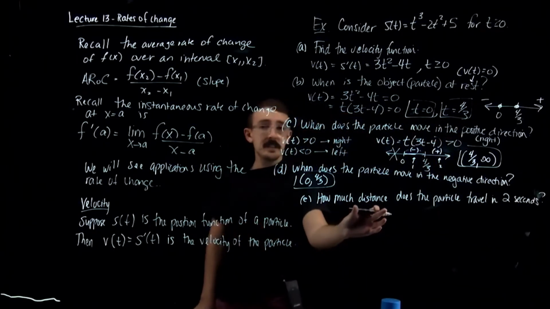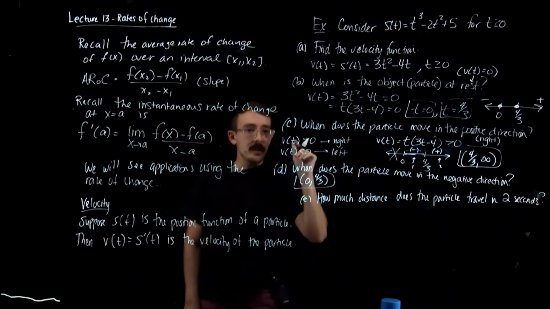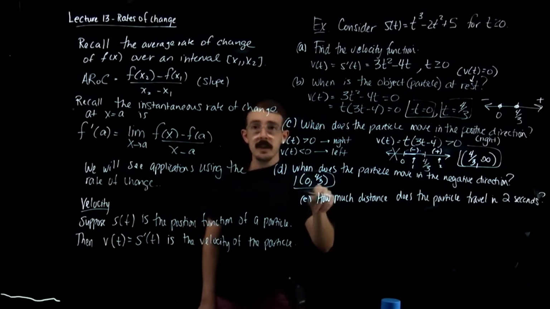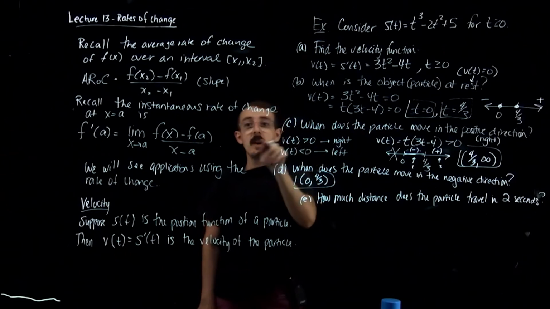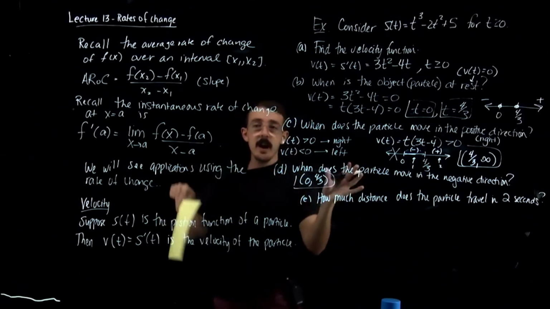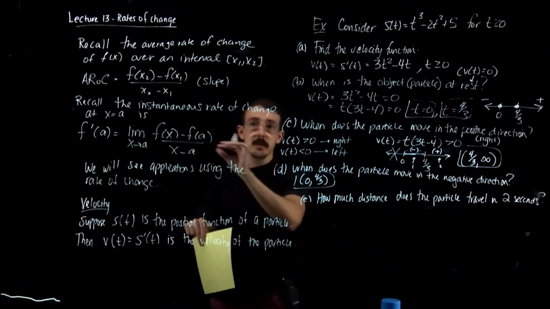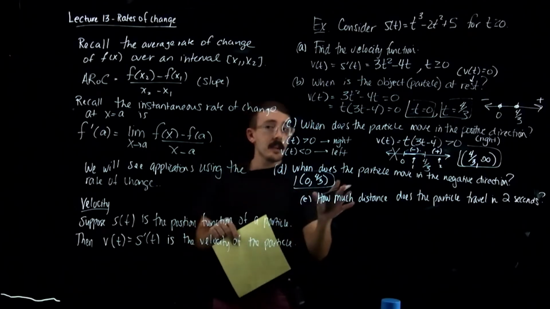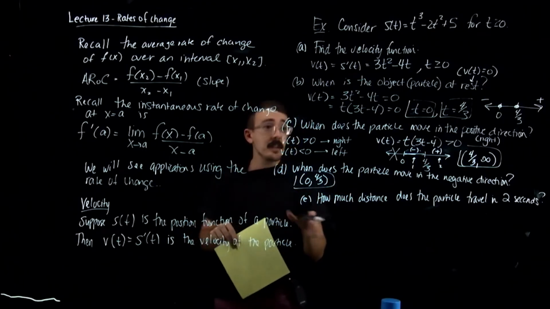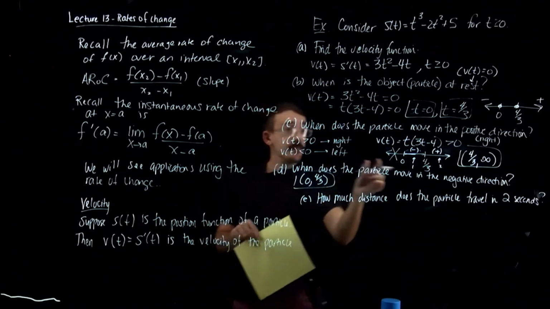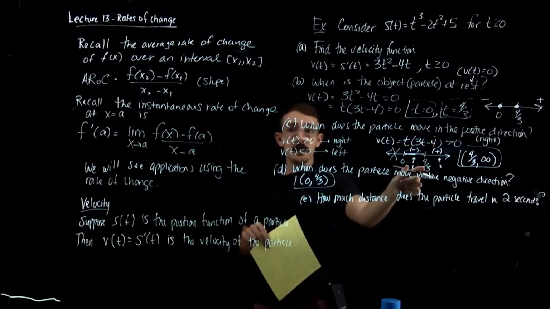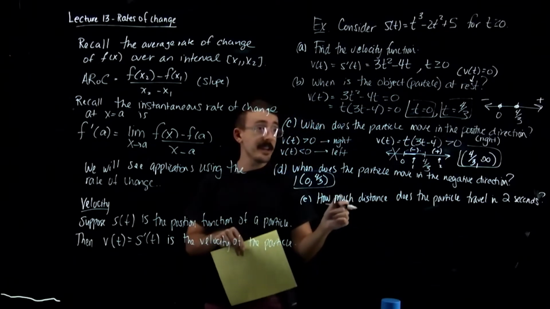So how much distance means when you start at 0, you begin moving. And I want to know, if you were to stretch all that distance out, how far did you actually move? So to do that, I first need to look at the spot where it was going left. It was going in the negative direction.